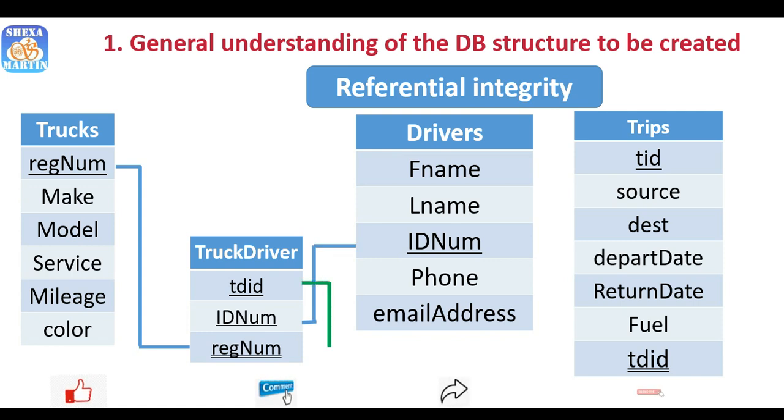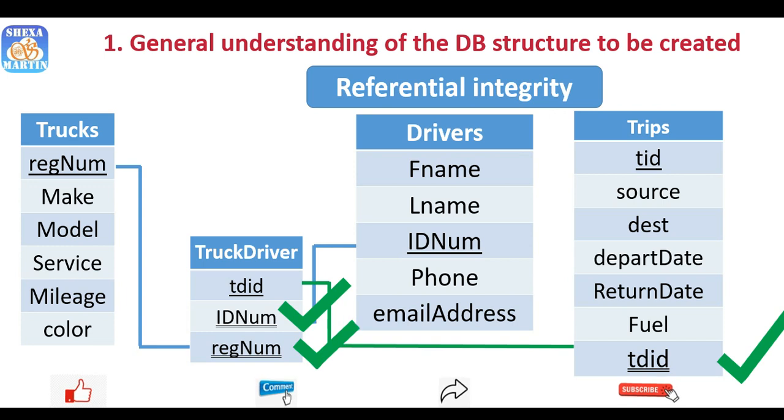These are the connections between our tables. So if you want to update this reg number, you need to update the records with the same reg number here first. But how will I do that?